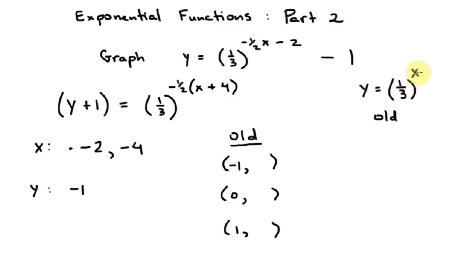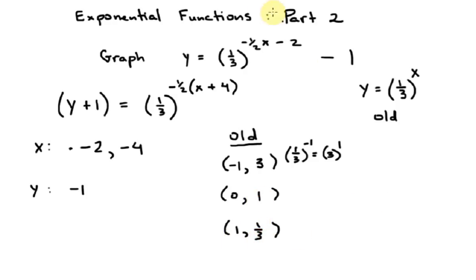If you put negative 1 in for x, it's like 1/3 getting flipped to the positive 1, so this is actually going to be 3. That one's a bit tricky, so maybe I'll write it out so you can see where that's coming from. I've plugged in negative 1, and with a negative exponent I flipped this, so it became 3 to the positive 1, and that's why it's 3. When I plug in 0, I have 1/3 to the 0, which is 1. And when I plug in 1, I get 1/3 to the 1, which is 1/3.